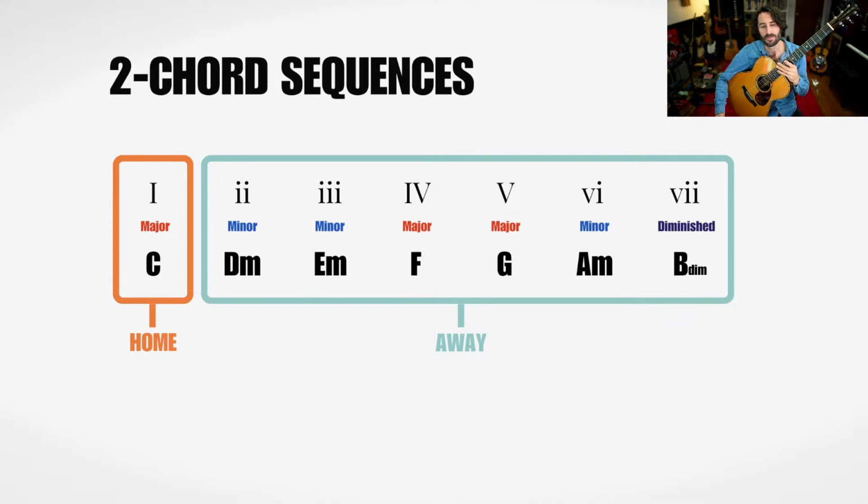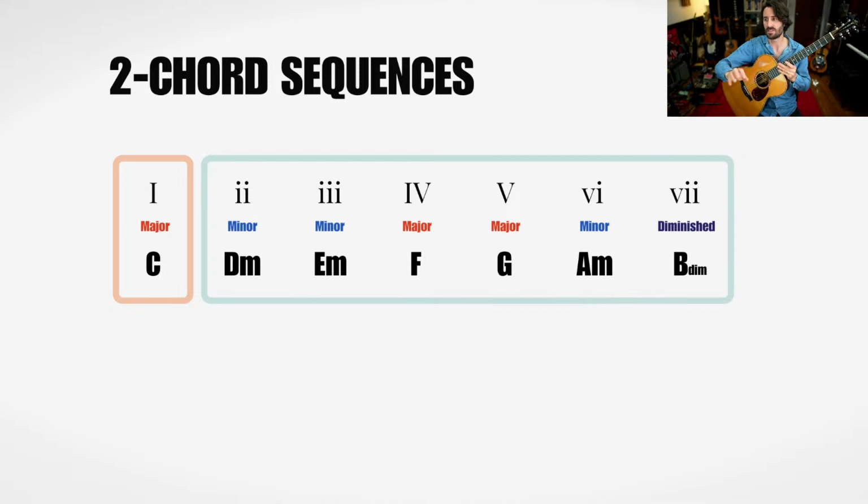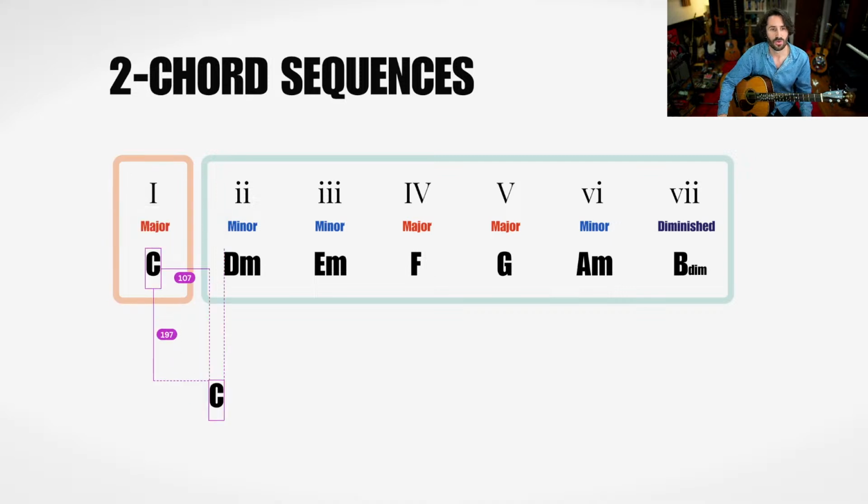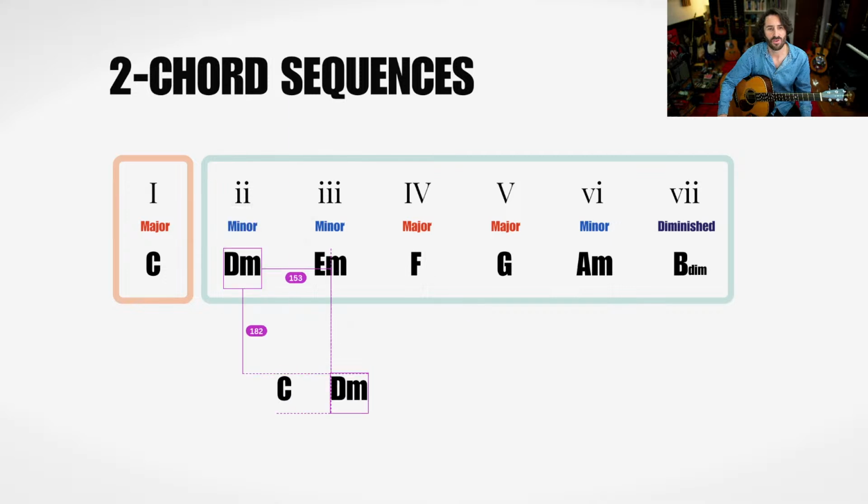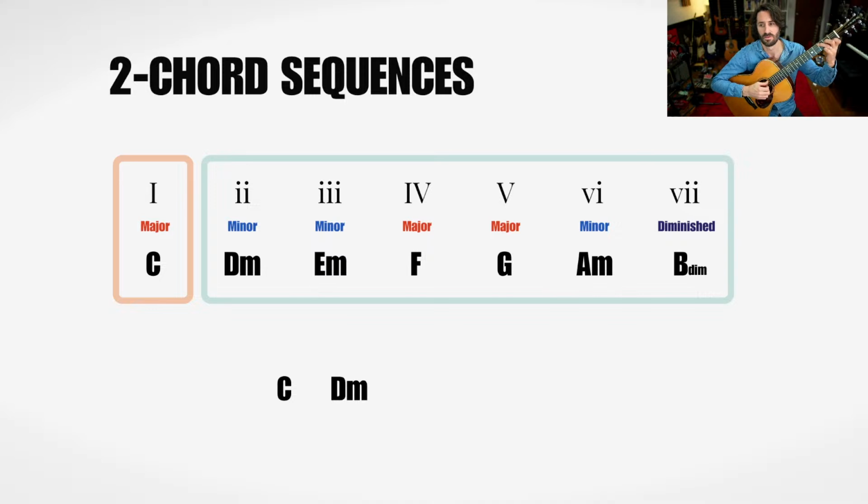So let's do this visually and try and demonstrate what that sounds like. If we start with the home chord and we drag the 2 chord down next to it. Now, this is a really nice sound.